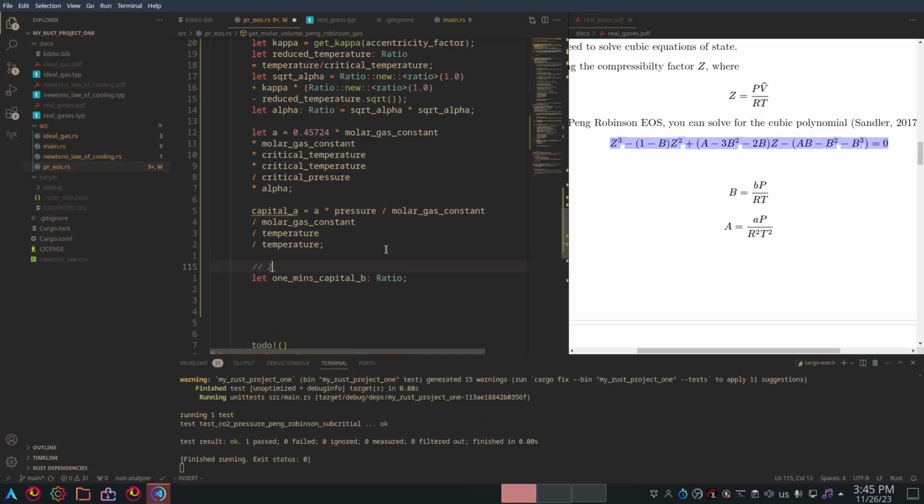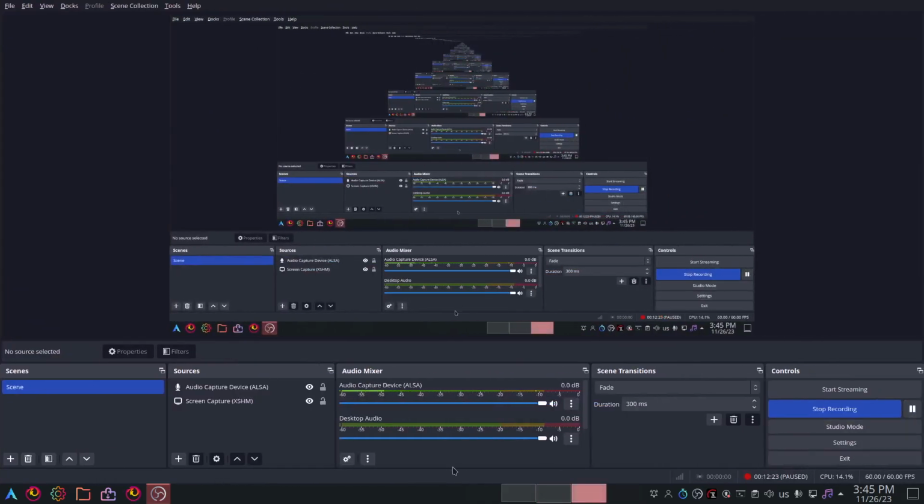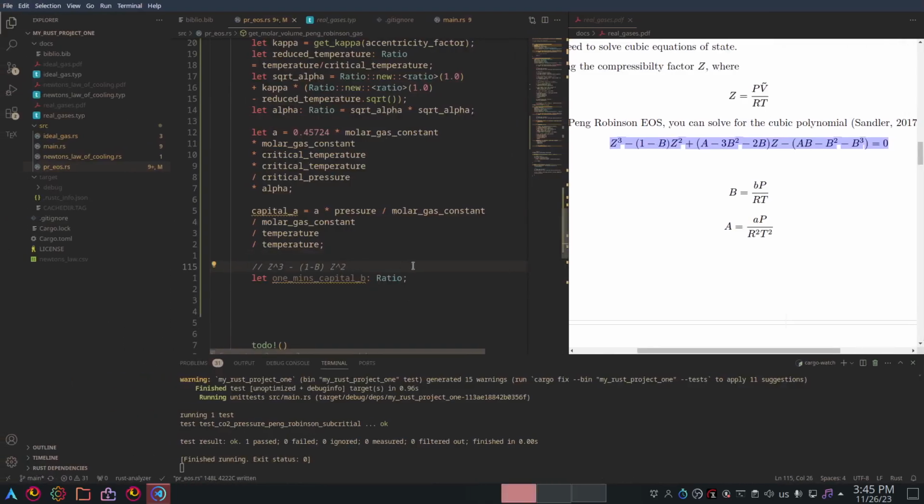Let me do Z cubed plus, okay, minus 1 minus B, Z squared. So this is the equation we're writing out. What I want to do is make it easy for people to see what I'm actually trying to do here.